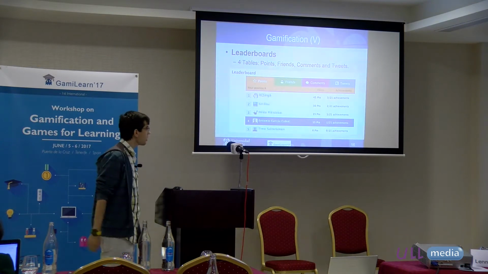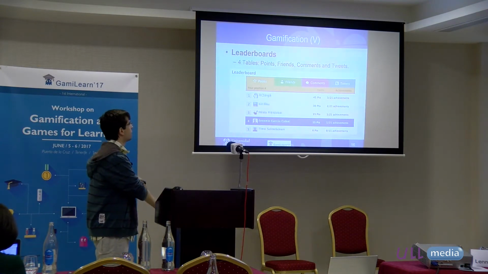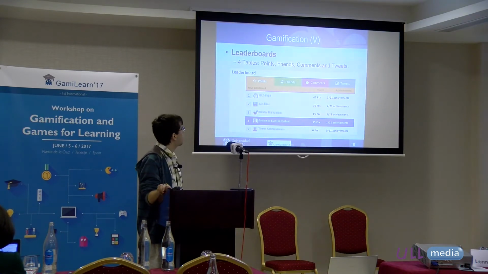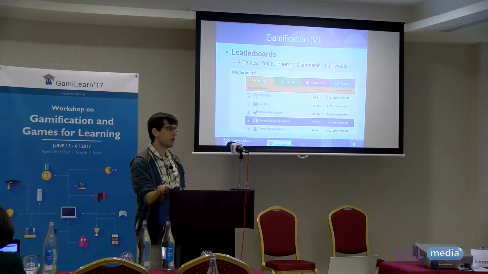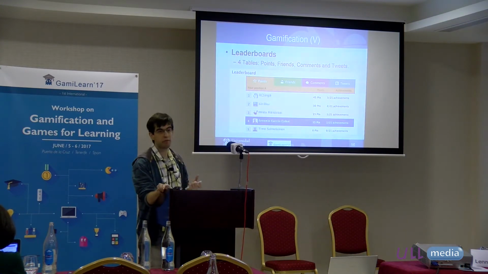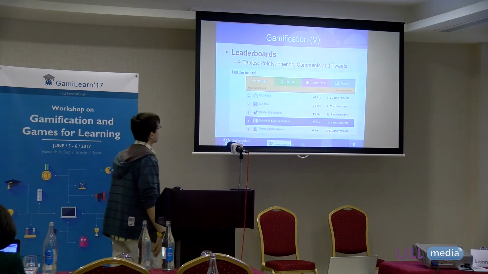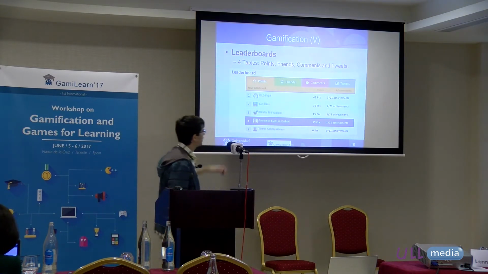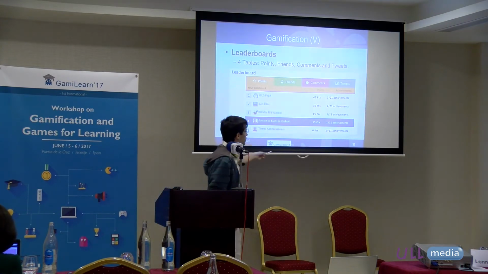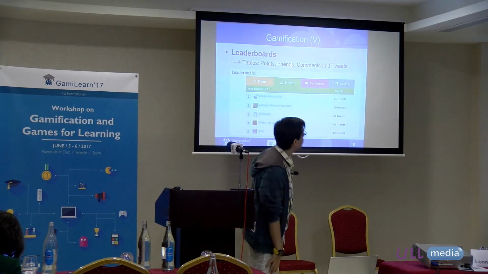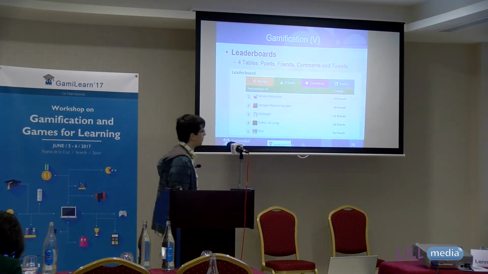Leaderboards are our course rankings of the platform. We have divided it into 4 parts, trying to avoid the demotivating feeling of not being on top of the list. We have points, presenting a ranking with points and achievements unlocked. We have the number of friendships made.